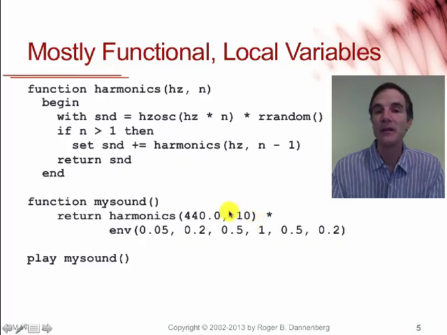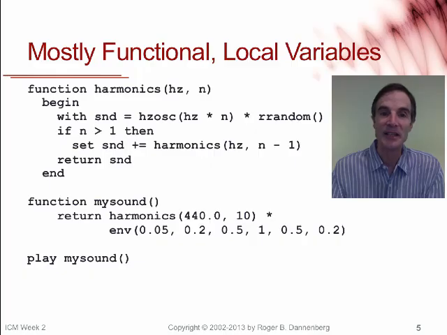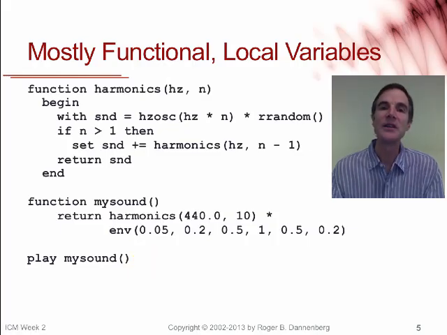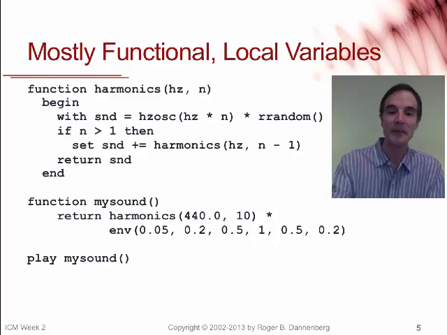At that point, this variable SND no longer exists, so there's no need for Nyquist to save the samples, and Nyquist is pretty smart about figuring these things out, and so we get the right behavior. So basically, local variables are okay as long as you return the sound from the function before you play it or you evaluate it.